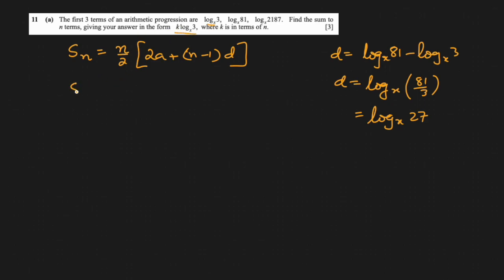Find the sum to n terms, giving your answer in this format. So Sn will be equal to n over 2 times (a, the first term, log base x of 3, plus n minus 1 times d). We just got d as log base x of 27.